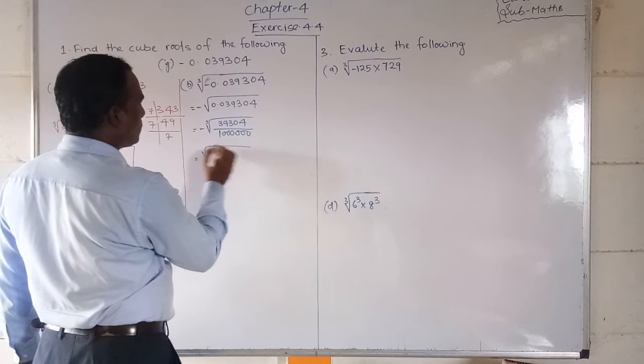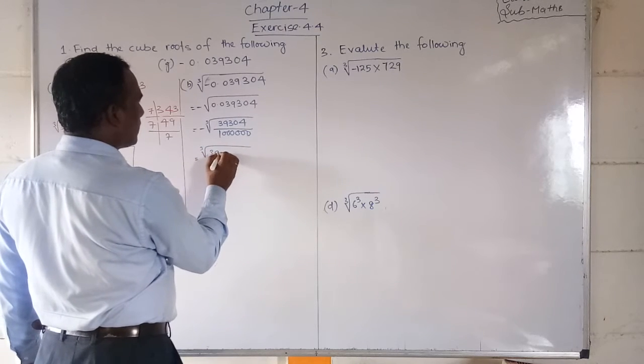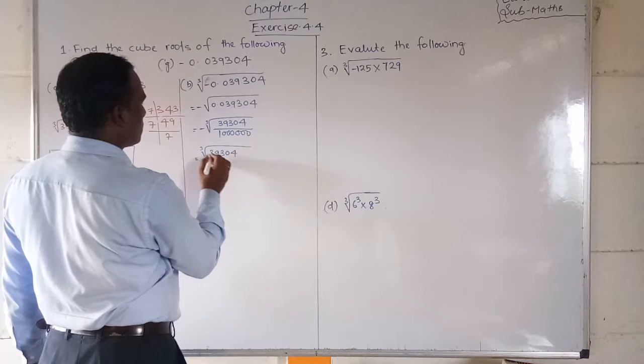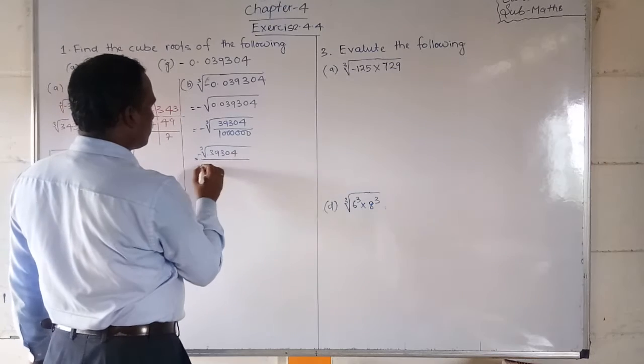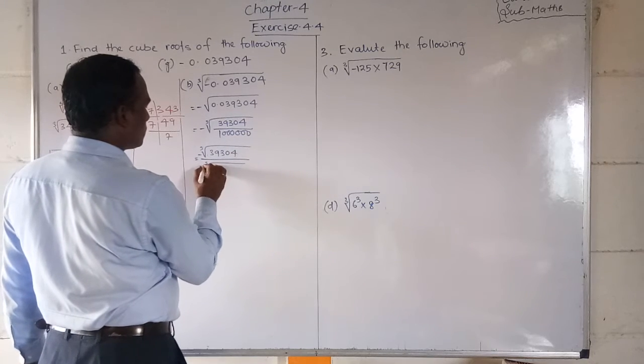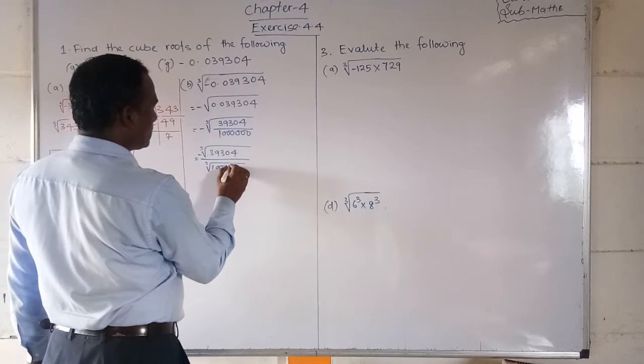Now we can do it individually: the cube root of 39304 by the cube root of the 6 zeros.